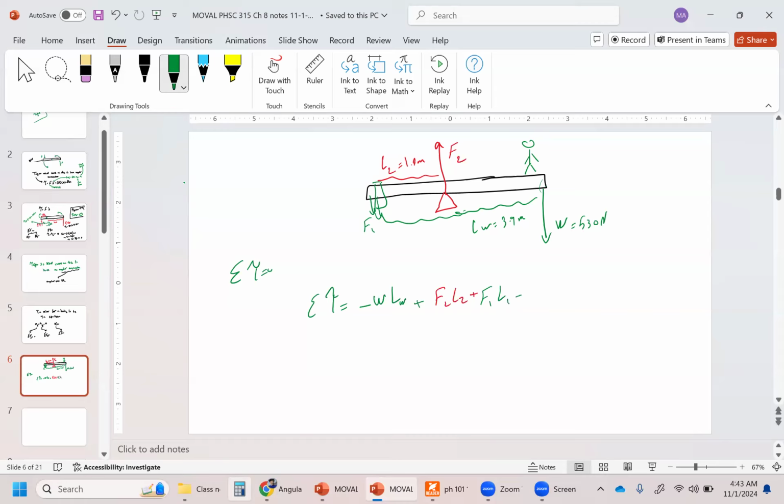So there's going to be F1, L1. All right, well, what's the length L1 from the bolt? Well, it's going to be 0. L1 is going to equal 0.